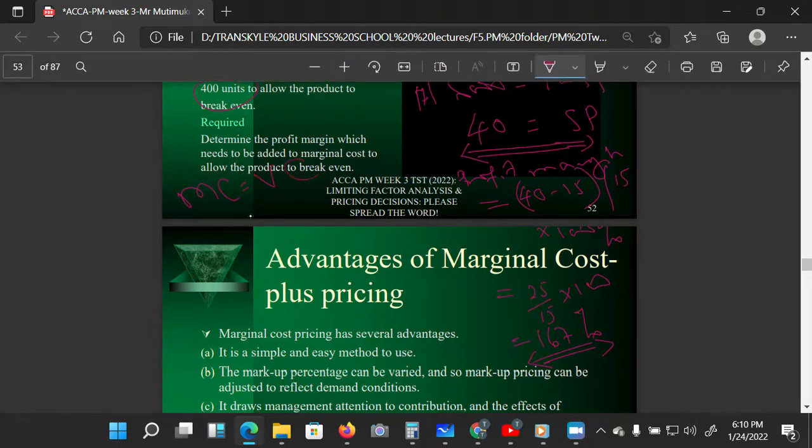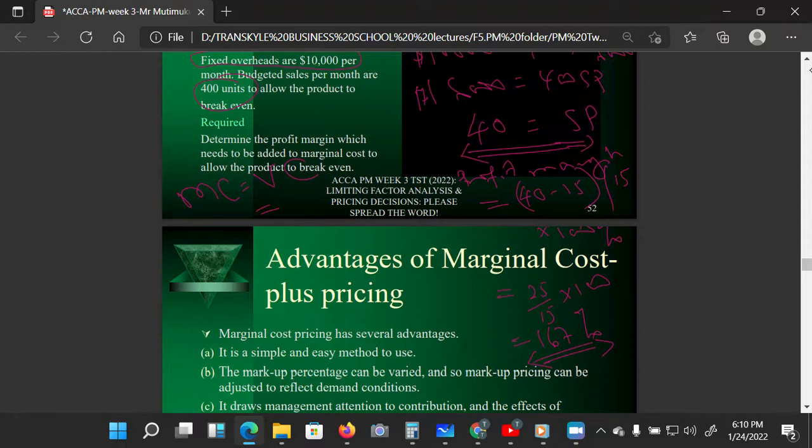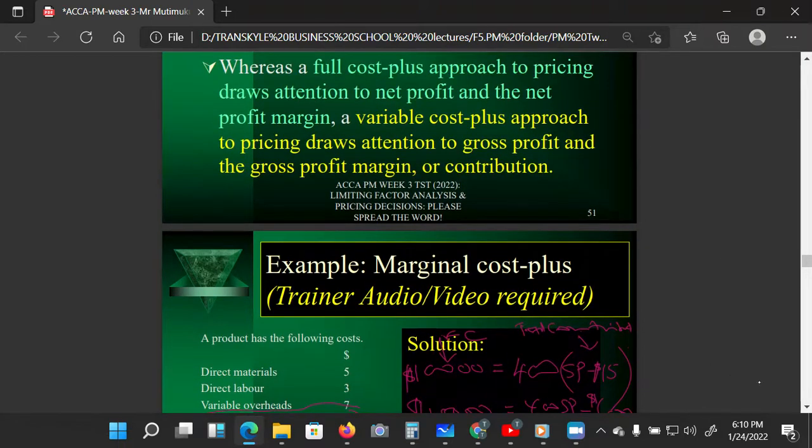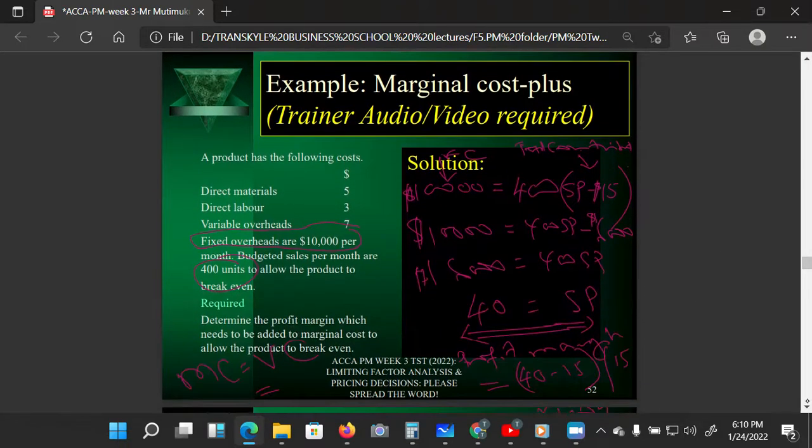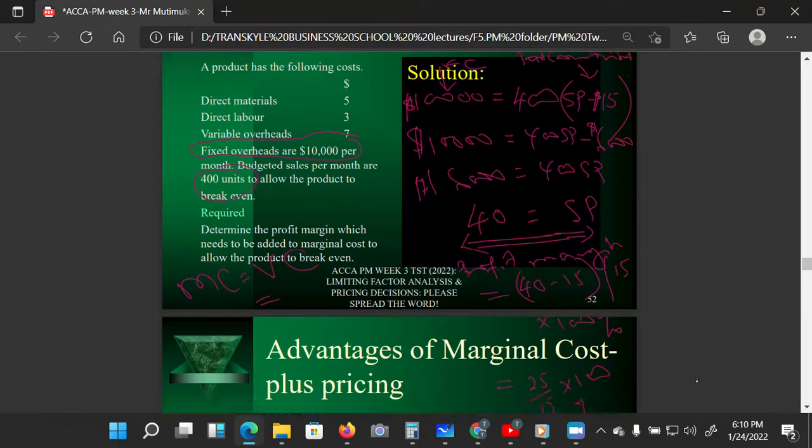What was the marginal cost or the VC, the variable cost? According to your calculation here, the VC is this one. It's given here. That's 15. This is where we are getting the 15 from.